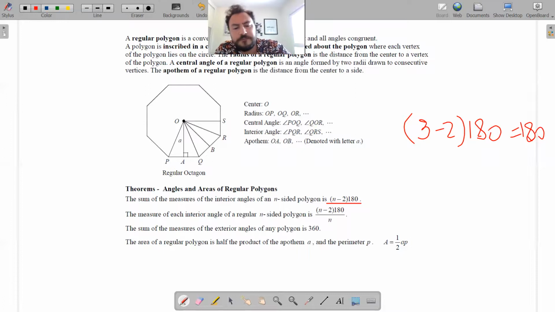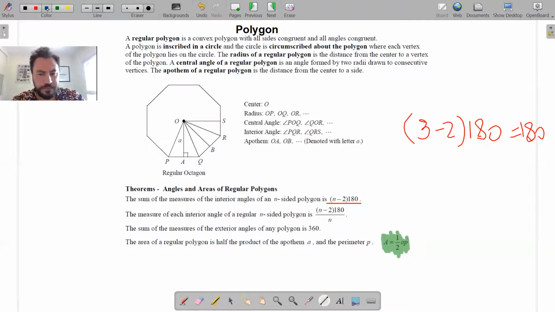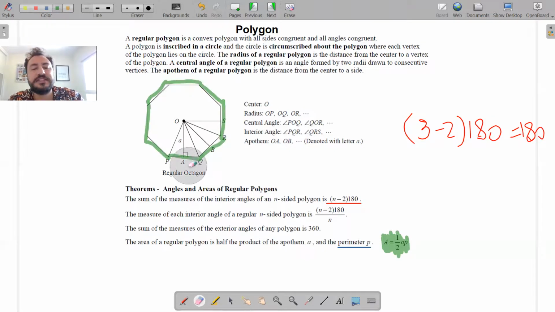The formula for the area will be 1/2 times apothem times perimeter. Let's start talking about the perimeter. The perimeter is the sum of each side. 1, 2, 3, 4, 5, 6, 7, 8. This is an octagon. The sum of each side will be called the perimeter.